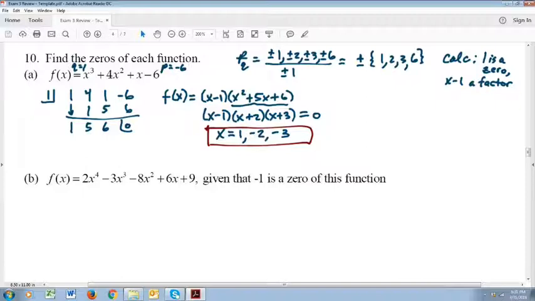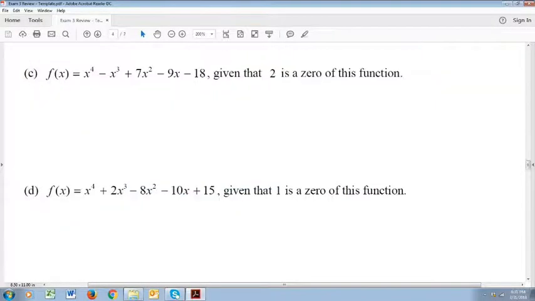Alright, let's look at part B. In this problem, they're telling us that -1 is a 0. So, I'm sorry, actually we're going to skip this one, and we'll do C, and then D is very similar. So here it's saying 2 is a 0, so that means if you divide by x minus 2, you should get 0.